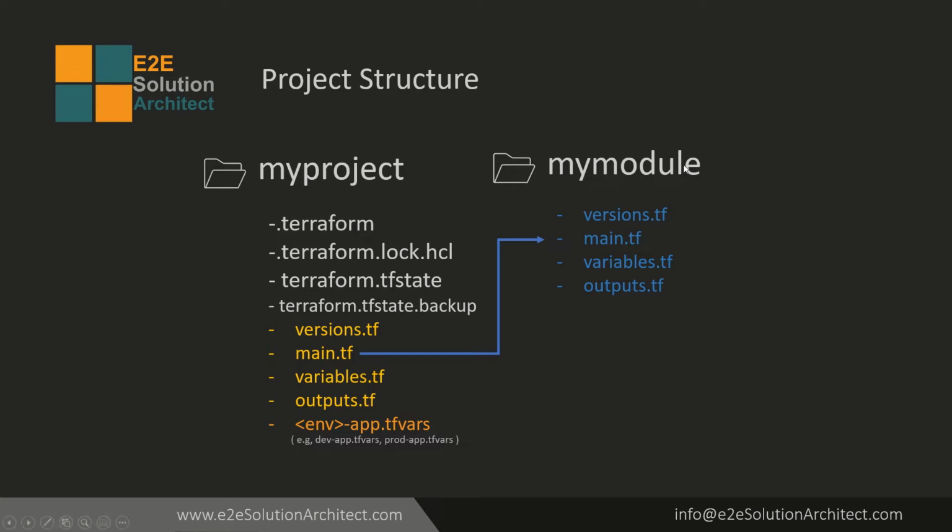Now on the right side you see the module part, and when you write the module, I will show each and every step in a few minutes. But before that, the module structure will also have the same kind of files: versions.tf, main.tf, variables.tf, and output.tf. You have noticed that modules don't have any .terraform directory, nor the lock file, nor the Terraform state file.